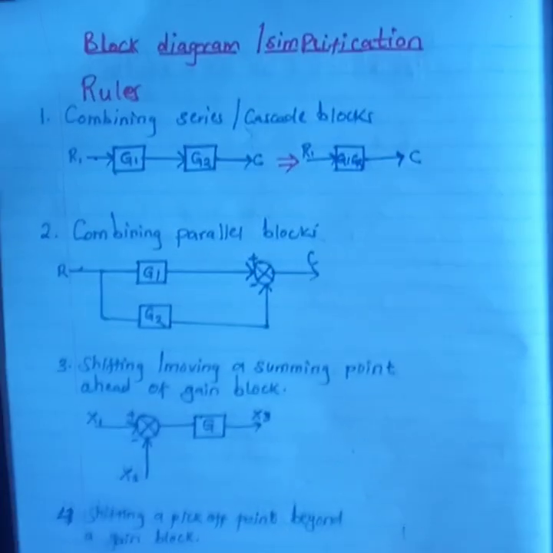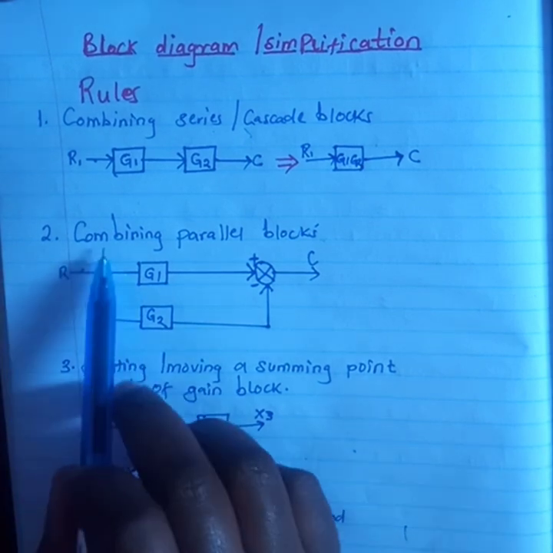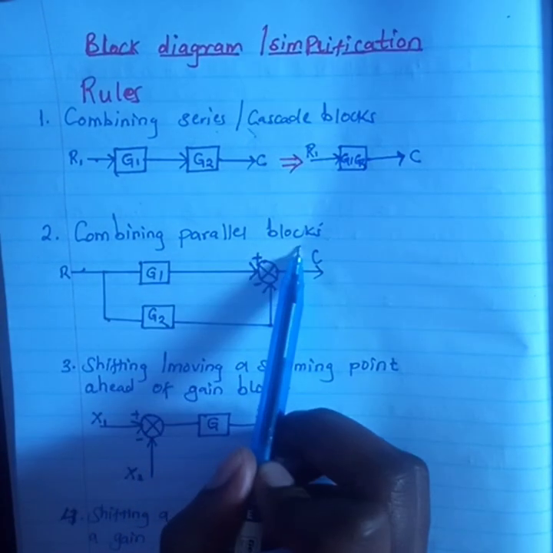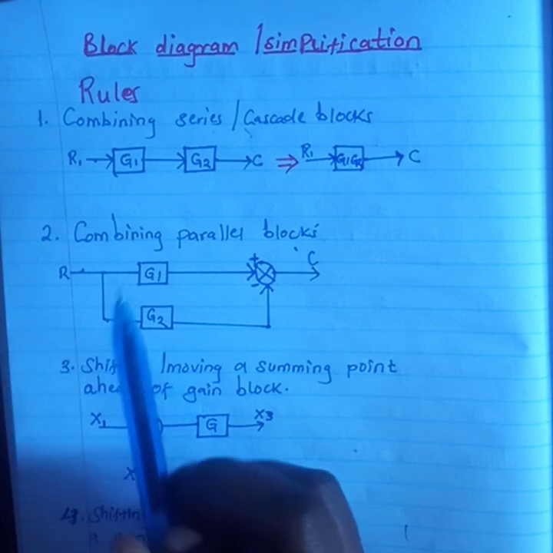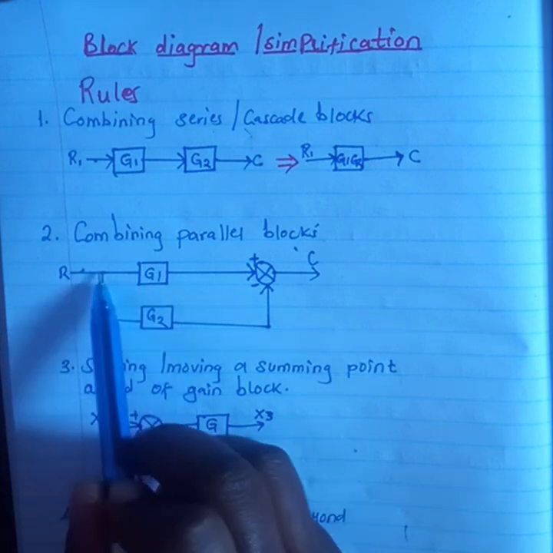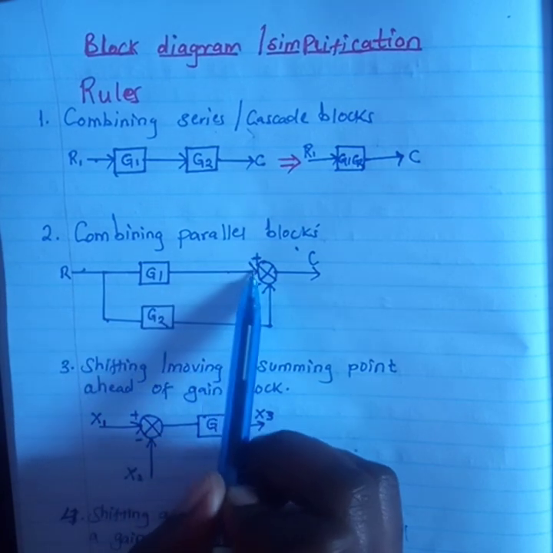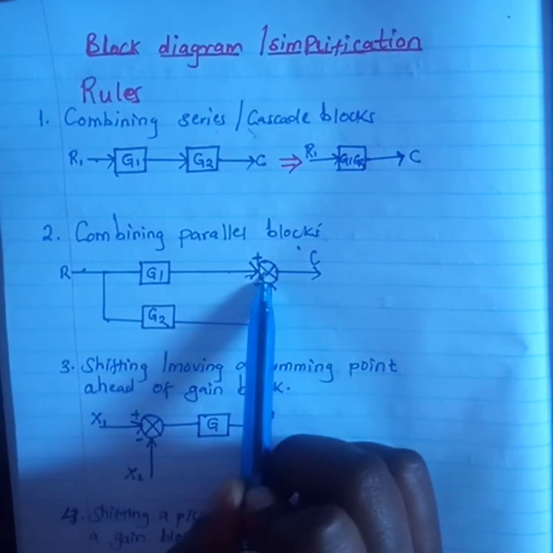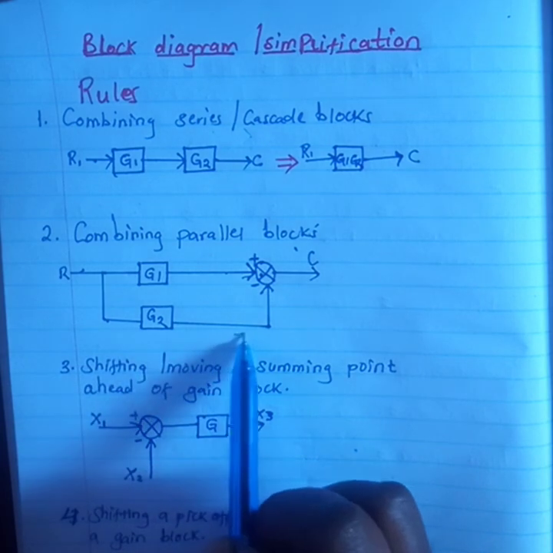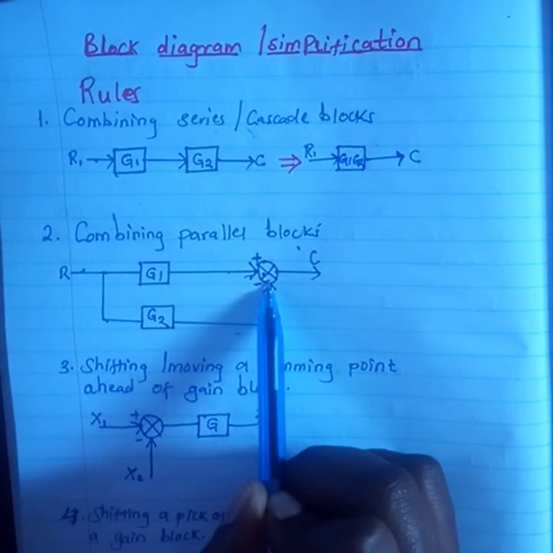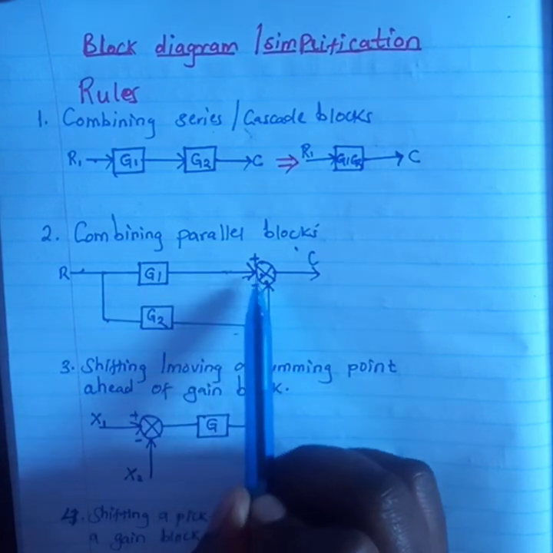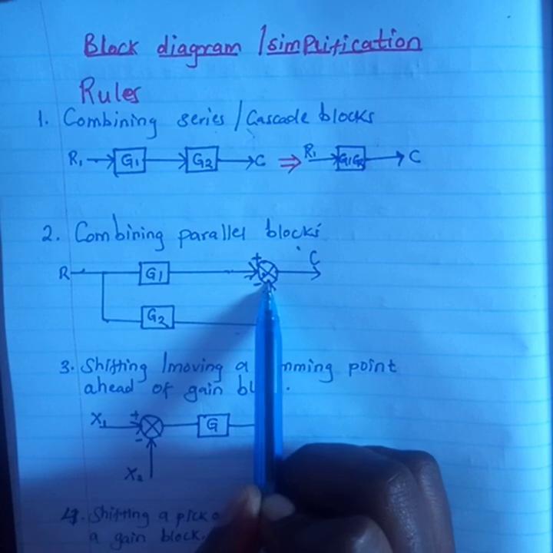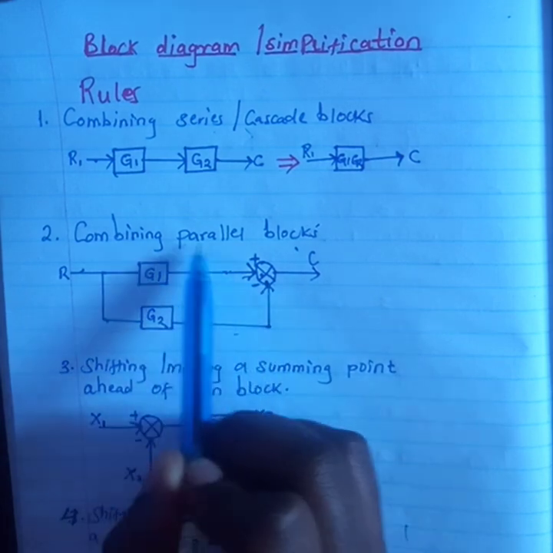Then rule number 2 is combining parallel blocks. How do you know that two blocks are in parallel with each other? If I have this block here coming towards this summing point, and I have this other block here, G2, coming towards the same summing point, then these two arrows coming towards this summing point mean that the two blocks are in parallel.